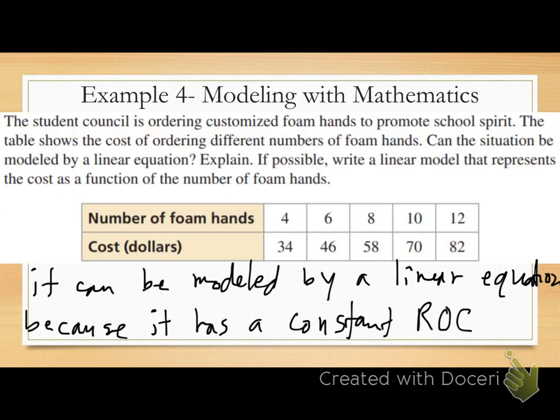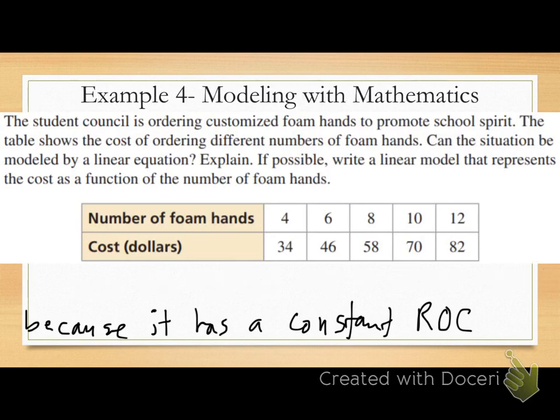So since it is possible, I now need to write a linear model that represents the cost as a function of the number of foam hands. So can I go ahead and erase my explanation? Give myself a little bit of room. Can I erase the first line of my explanation? There's a couple of ways that I could find my slope.